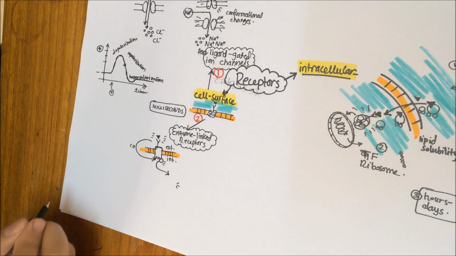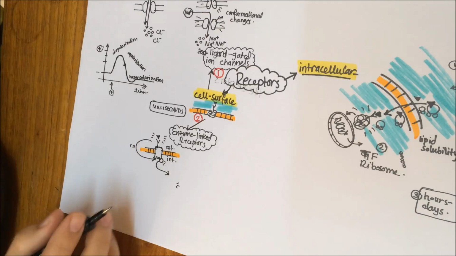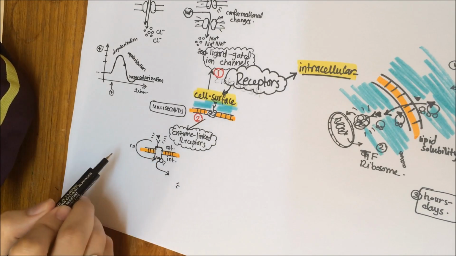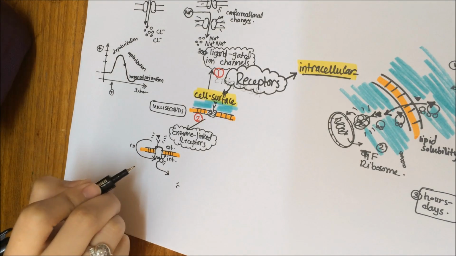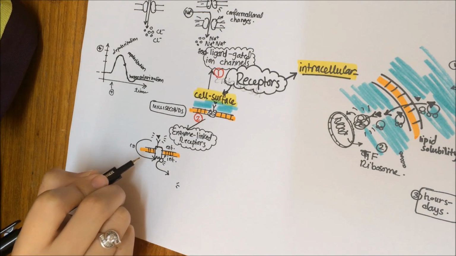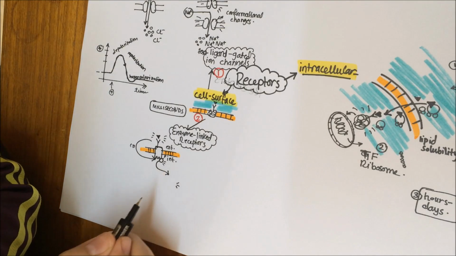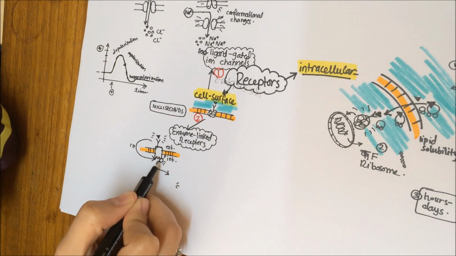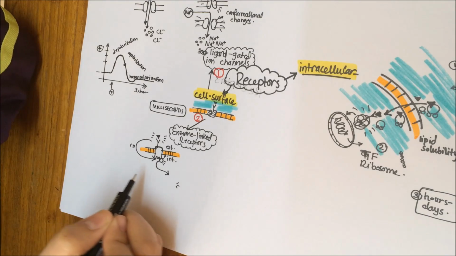For example, let's take a realistic example of this inside your body. The most common and the broadest one is the tyrosine kinase linked receptors. The tyrosine kinase is the enzyme in here. When you phosphorylate the tyrosine kinase, it is going to be active.